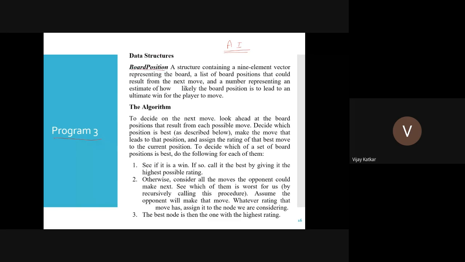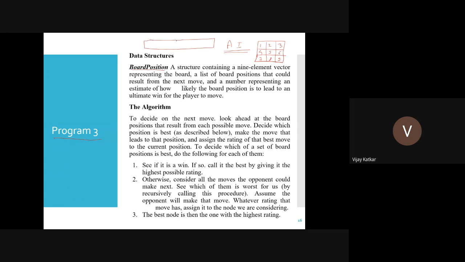It says a structure containing a 9-element vector representing the board. Again, we can consider it as a 3 by 3 matrix. So it's a 9-element matrix with 9 positions, 1 2 3 4 5 6 7 8 and 9, and we can represent it as a vector in this manner.